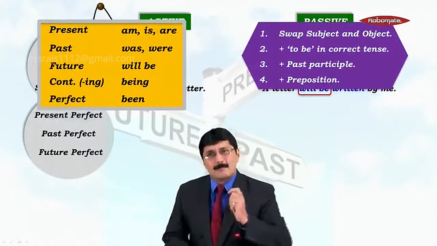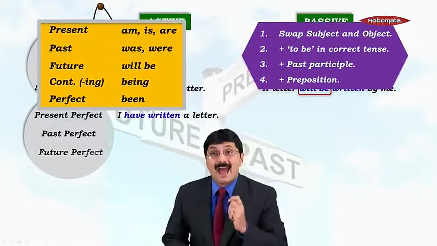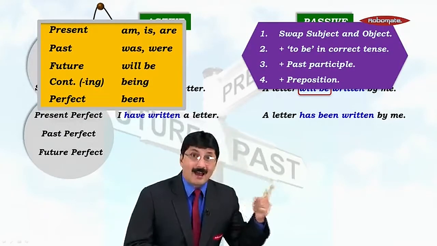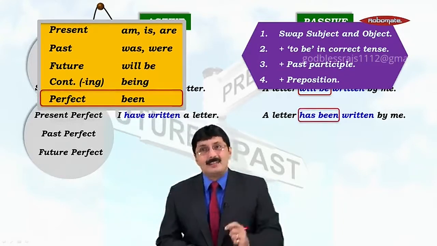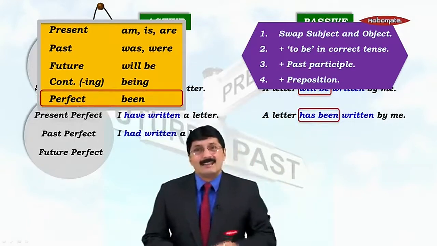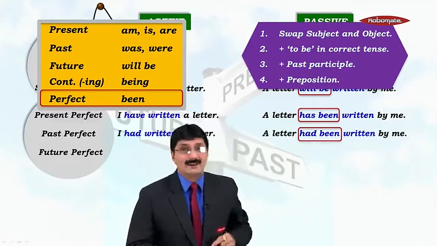Wait! Present perfect, past perfect, future perfect. I have written. So, a letter has been written. Can you see? We have added has been. I had written. A letter had been written.